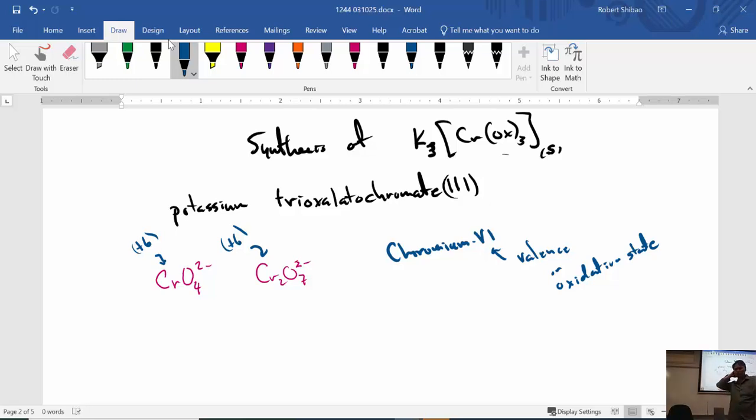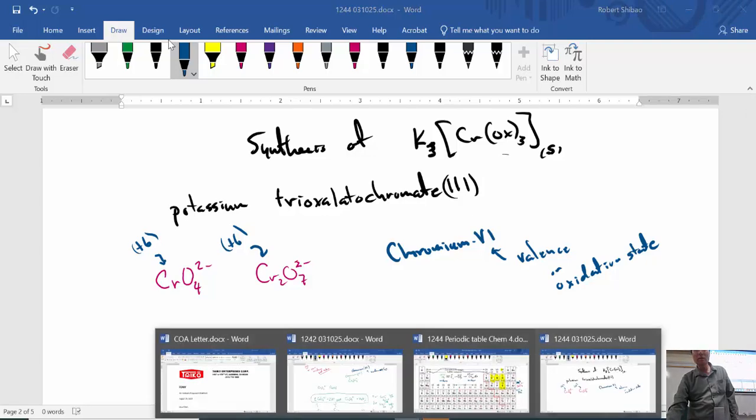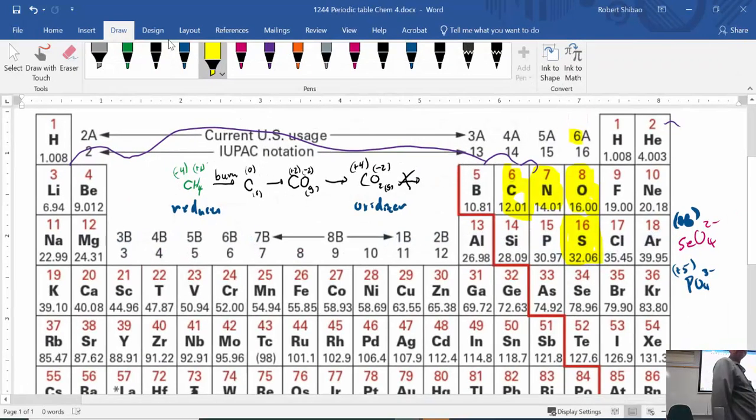And we look at what is the range for oxidation states on chromium. Let's take a look at chromium here. So what's the range of oxidation states for chromium? +6 is +1, 2, 3, 4, 5. +6 would be isoelectronic with argon.